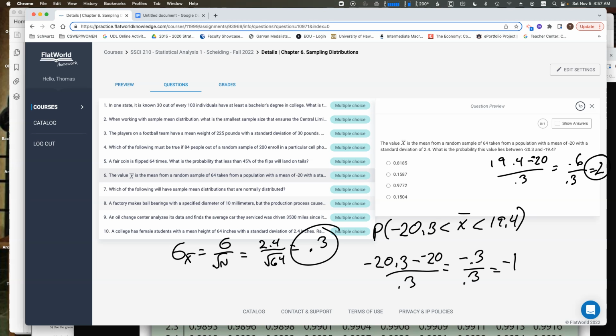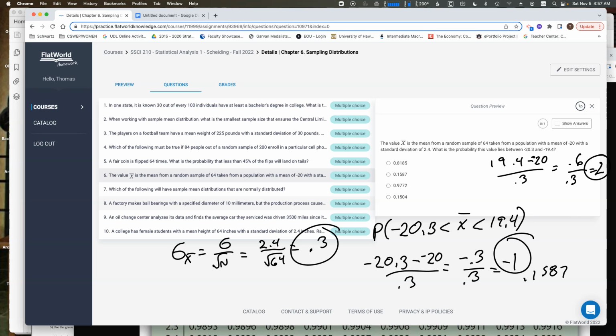Okay. So for a z value of -1 it is 0.1587. That's our probability there.